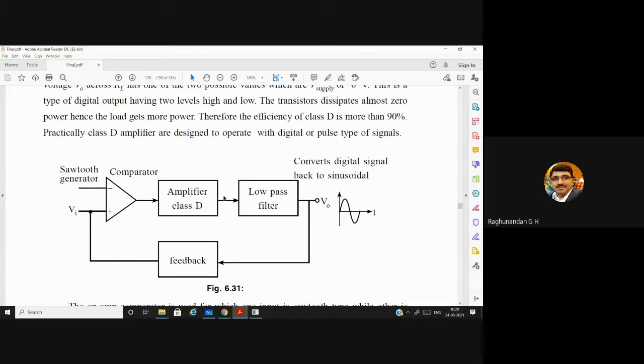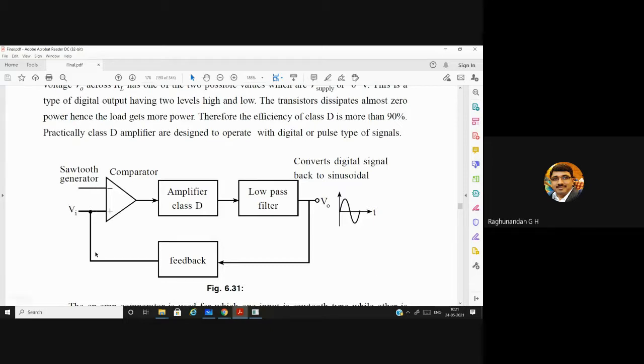And this digital signal output is being given to the low pass filter, which is going to tune this digital signal to a sinusoidal output. After getting the sinusoidal output, we are going to take this as a feedback, which is going to act as input for the next cycle.